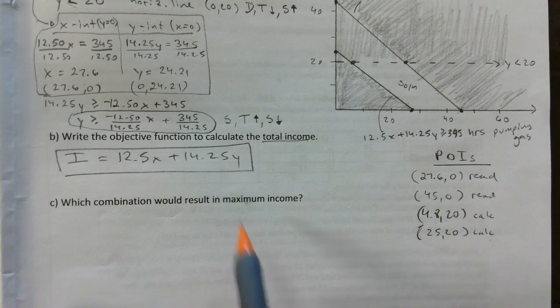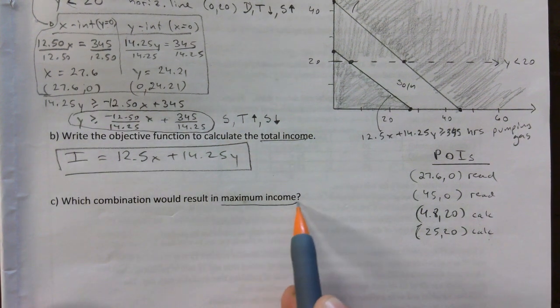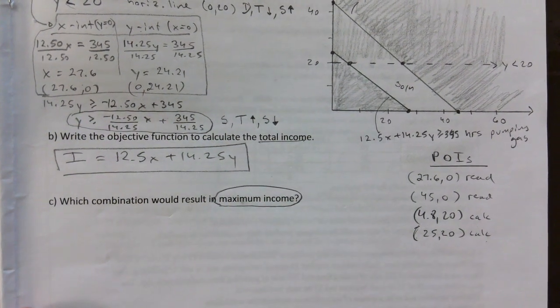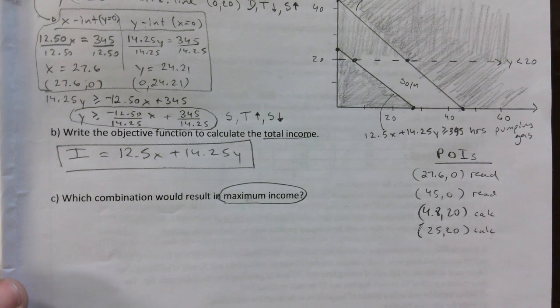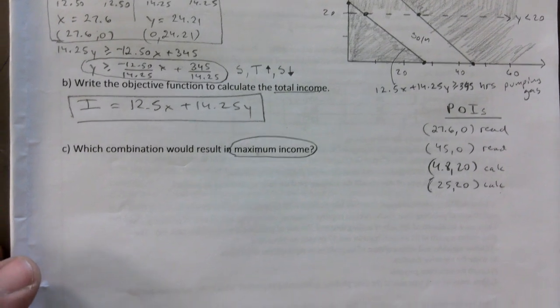Which combination would result in the maximum income? So you want the greatest output, right? In this particular case. And we'll do that.